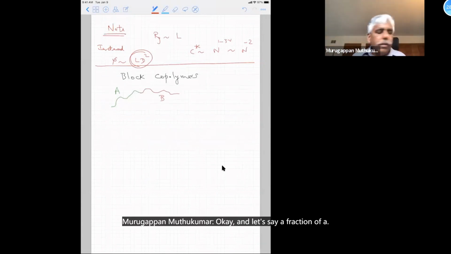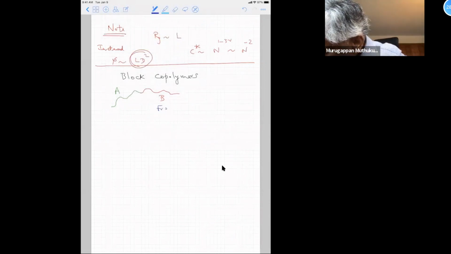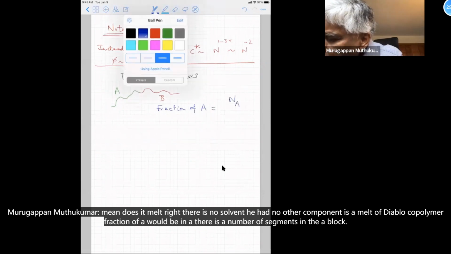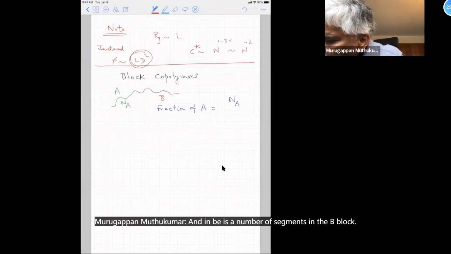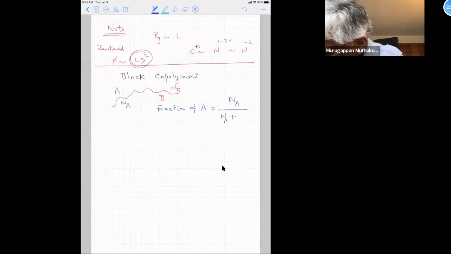And let's say a fraction of A, this is a melt. There is no solvent here, no other component. It's a melt of diblock copolymers. The fraction of A would be N_A divided by N_A plus N_B, where N_A is the number of segments in the A block and N_B is the number of segments in the B block.